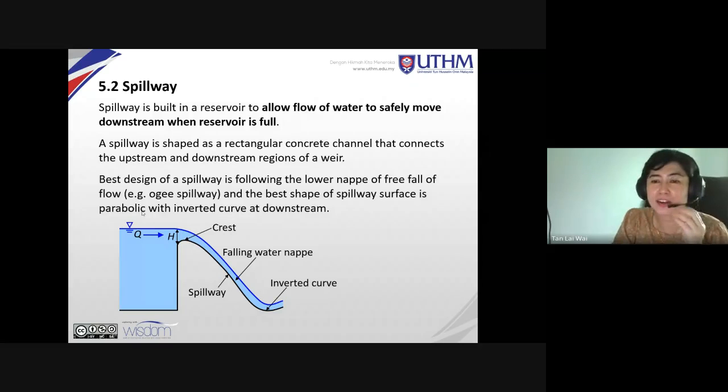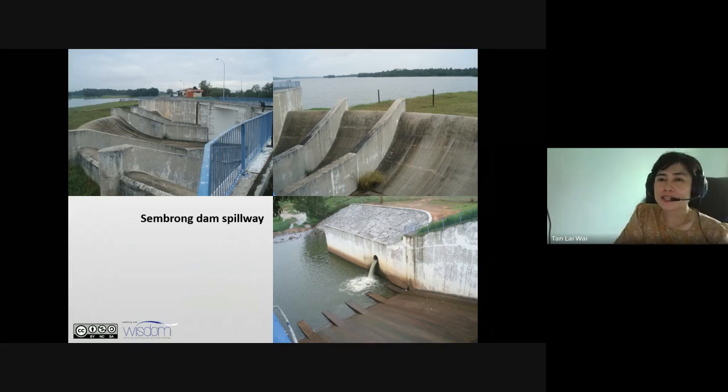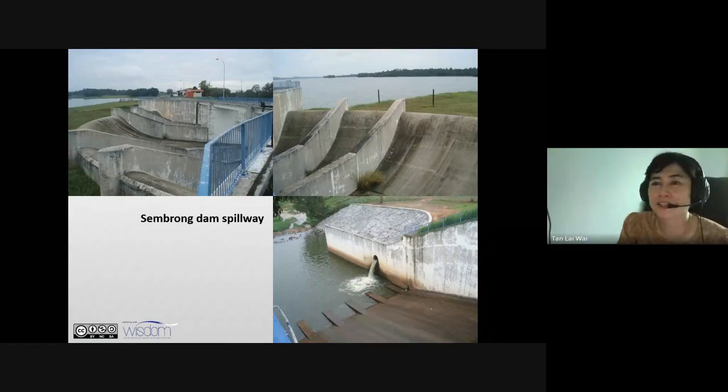Of course, the best design of spillway is a smooth spillway. That means you allow the water to flow smoothly downstream. These photos are taken at Sembrong Dam. This is the structure of the spillway.